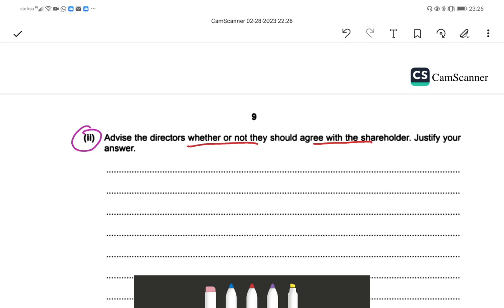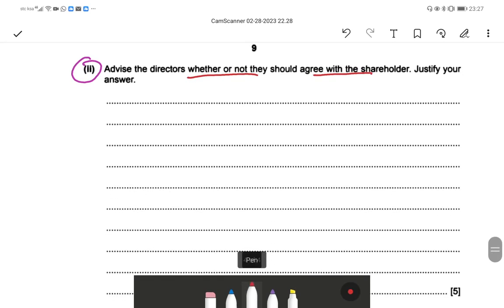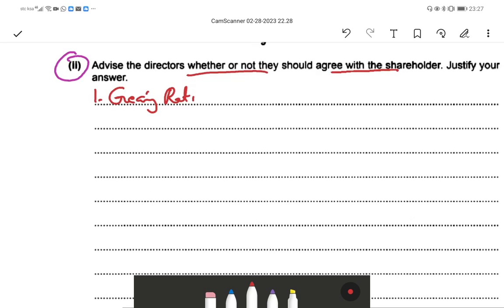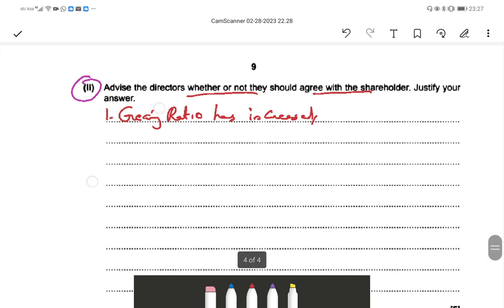So here first we can write the disagree point. Gearing ratio has increased, making the company more risky.